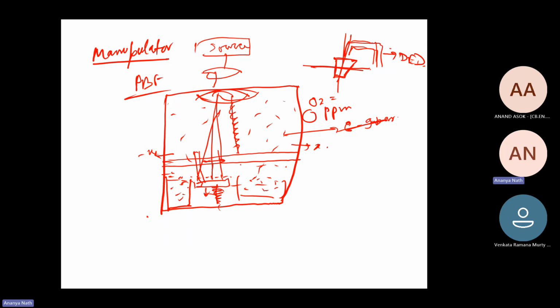Now, how to maintain this constant pressure of argon? You can say, what is the problem? I'll fit a pipe here, a bulk pipe, and the argon is going inside so it's filled with argon, and there is a valve so it cannot come backwards; it can only go in this direction. I will install a pressure gauge here that will show me the pressure. When I see the pressure drop, I will again supply the argon to maintain the constant pressure.